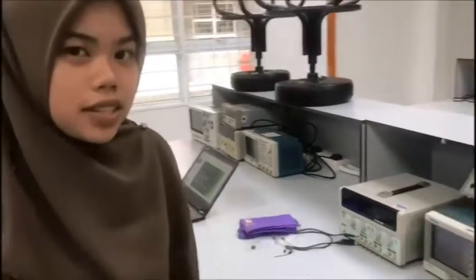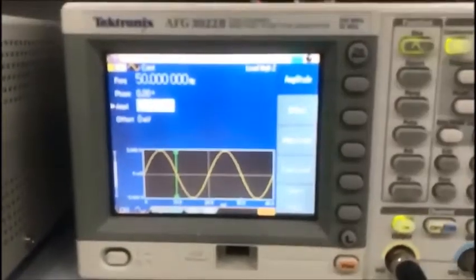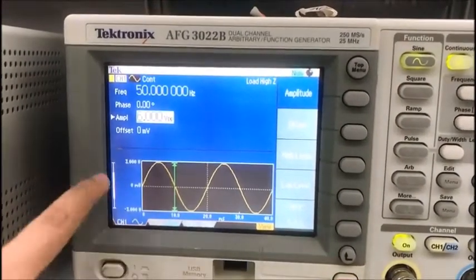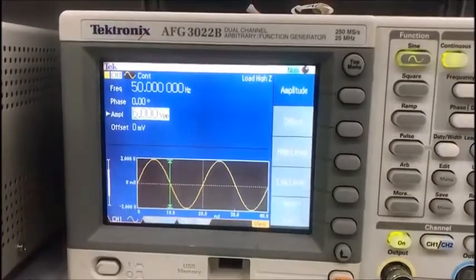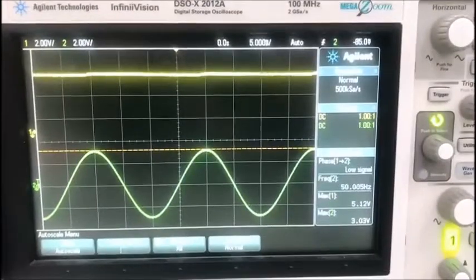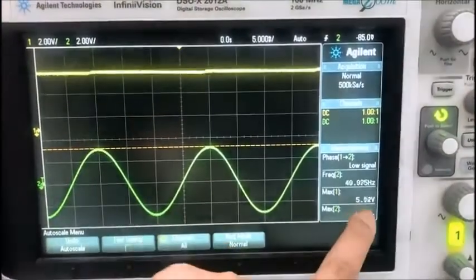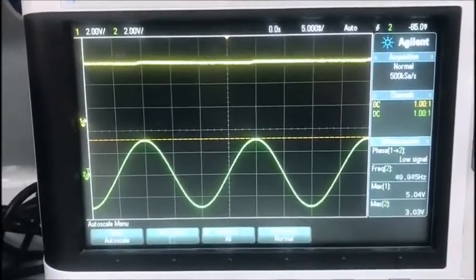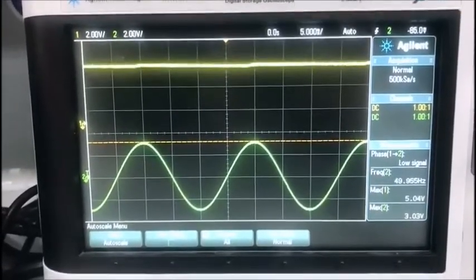Now we test different voltage values. This is for 6 volt peak to peak, so the maximum voltage is 3 volt. For the doubler, the output would be 6, but as you can see here, it is 5. The output is less because of the ripple and losses.